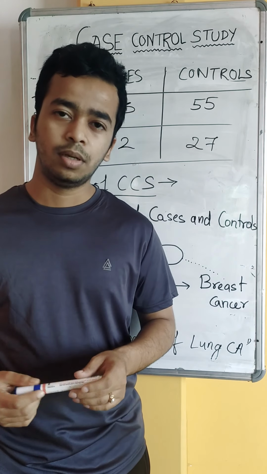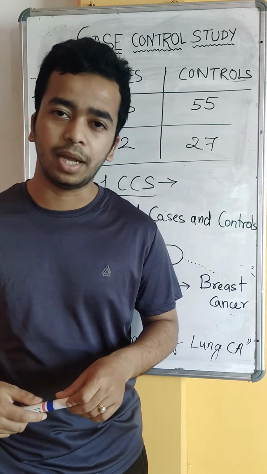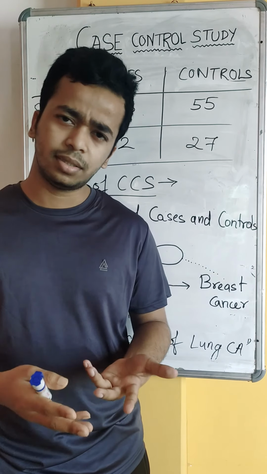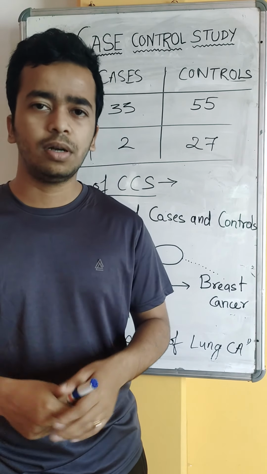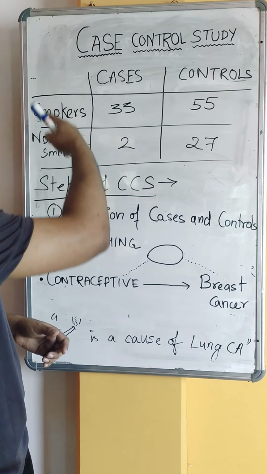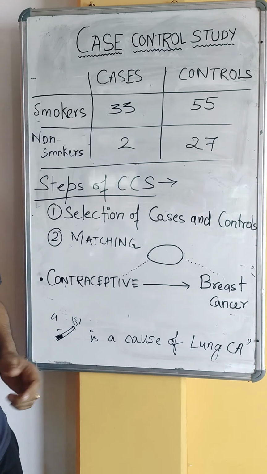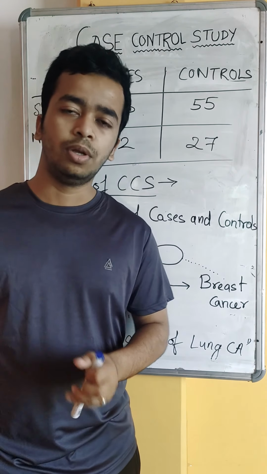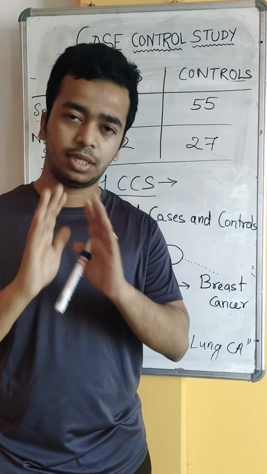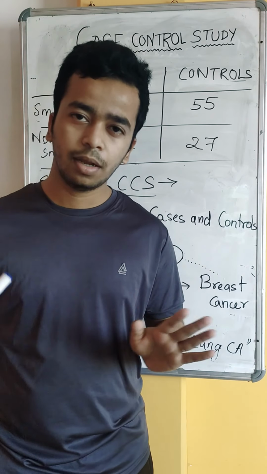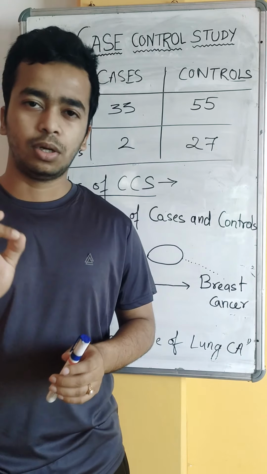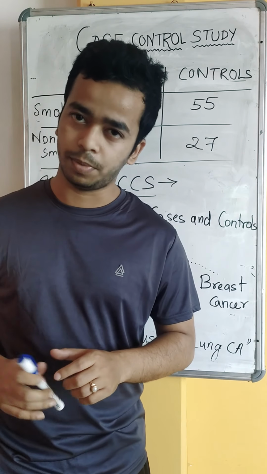We'll ask them, were you a smoker 15 years back? They will say yes or no. Whatever data we collect, we make this table, and then we'll calculate the odds ratio. That's it, our study is finished. Clear? Now let's dive deeper into the topic.